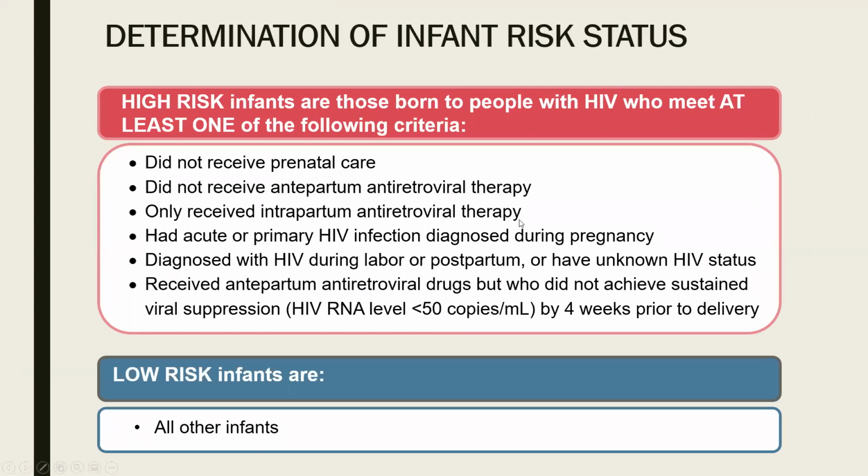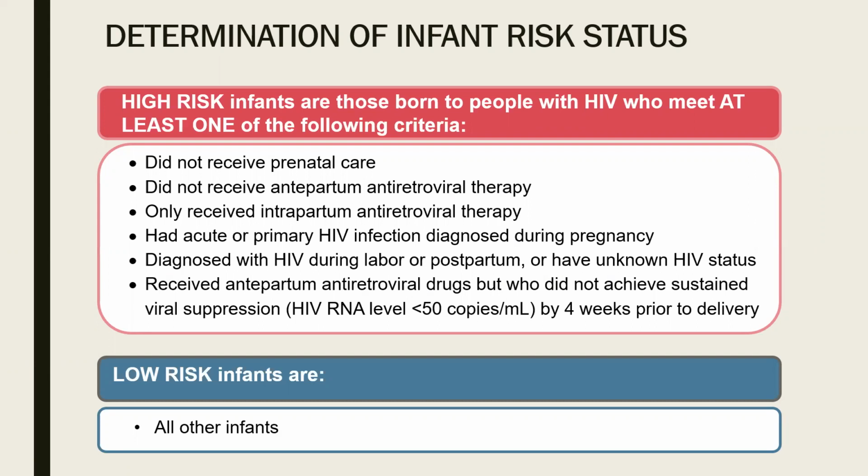The first thing you want to do when you have an infant whose mother has HIV is to assess the risk for HIV transmission in that infant. So high-risk infants are those who are born to people with HIV that meet at least one of the following criteria. One, the mother may not have received any prenatal care. Two, she could not have received anything except for intrapartum antiretroviral therapy, or she didn't receive any antepartum antiretroviral therapy.